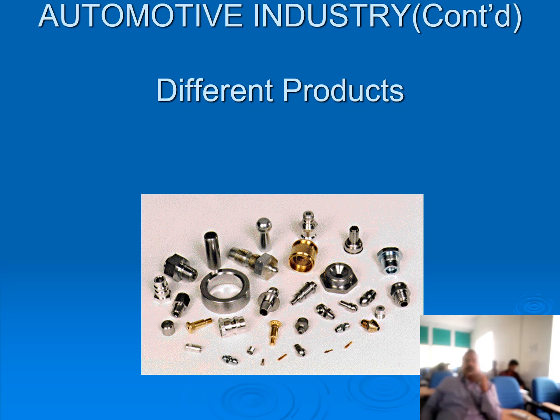And again in this figure, you can see the various parts of the automotive industry. As you see, all these products can be manufactured using CNC technology for precise manufacturing.